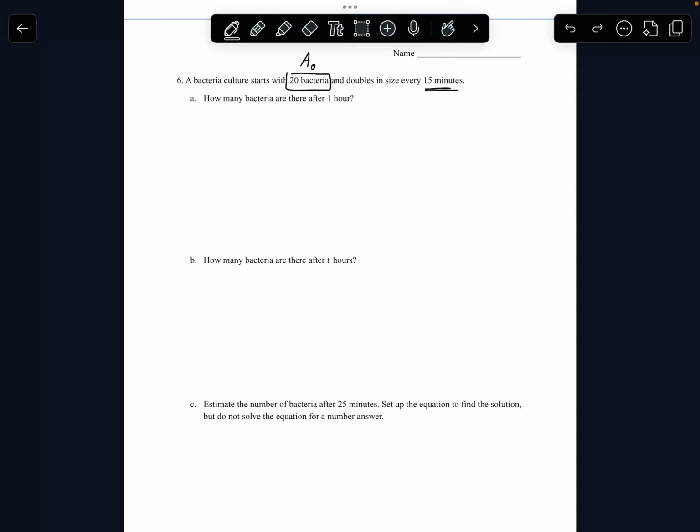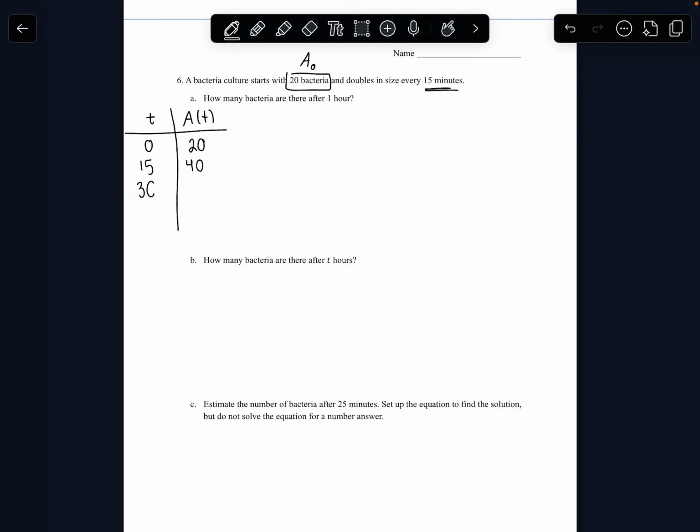Well, let's draw a table of time versus amountage. Word I just made up. So at time 0, how much do we have? A0. After 15 minutes, how much do I have? 40.